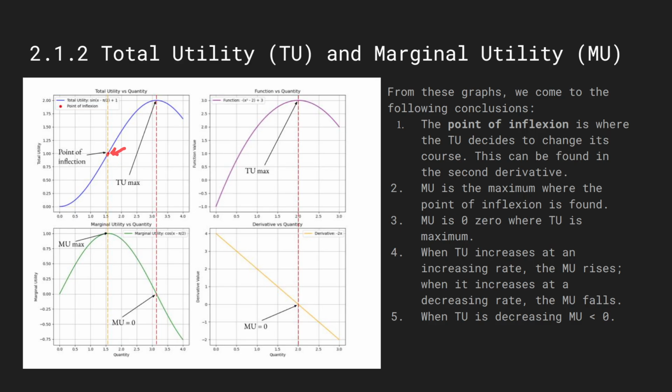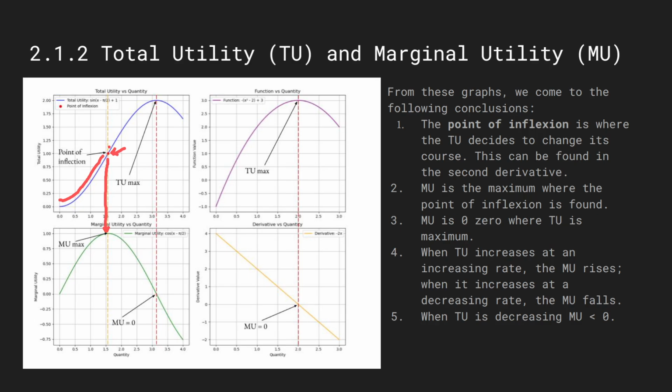That means before the point of inflation, as we are consuming one more good, our satisfaction level was increasing at an increasing rate. But as we reach the MU max, or the point of inflation, we are at our most satisfied level.